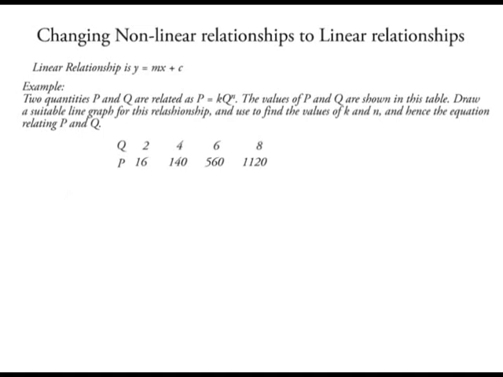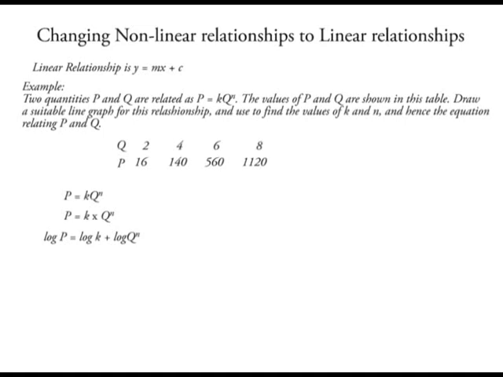This looks much unlike y is equal to mx plus c, but we can make it that. Rewrite that p is equal to k times q raised to power n. We take logs on both sides. Remember the rules of logarithms? Multiplication means addition of logarithms. So we have log p is equal to log k plus log q raised to power n.